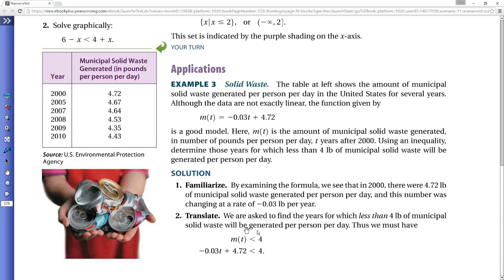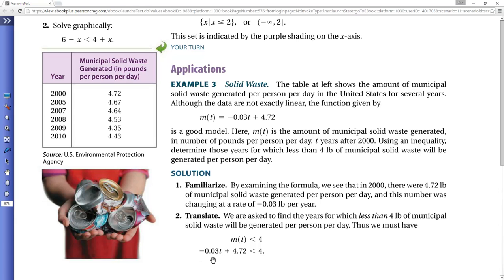Then we translate that. If we're asked to find the years for which less than 4 pounds of municipal solid waste will be generated per person per day, then we must have the result of this function be less than 4. In other words, this expression which represents this function has to be less than 4, right?